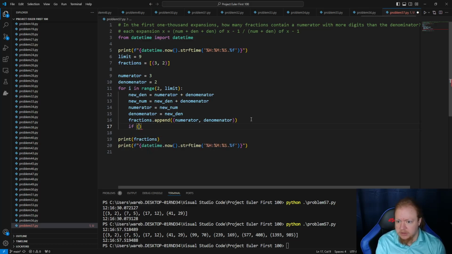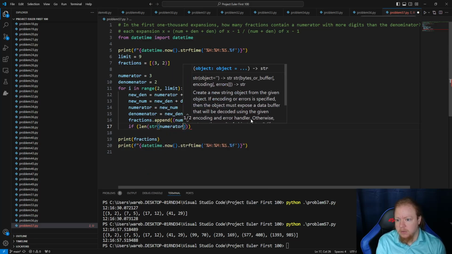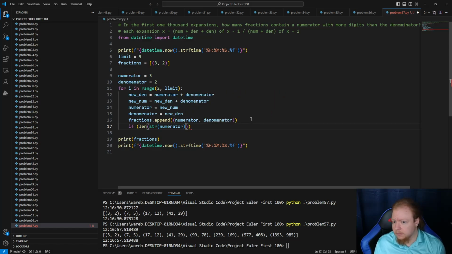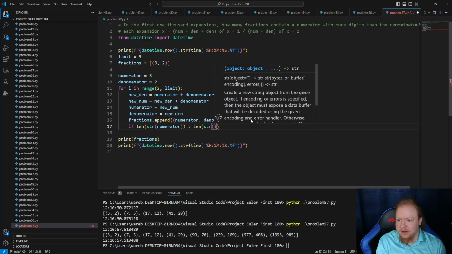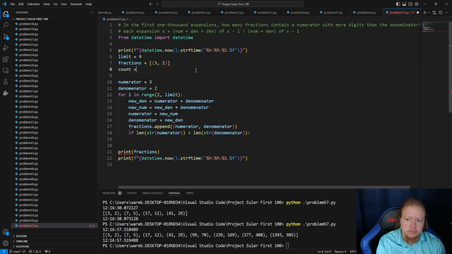So now let's say if length of string numerator, I don't need these parentheses, this is not Java, is greater than length of string denominator, then count plus equal to 1.